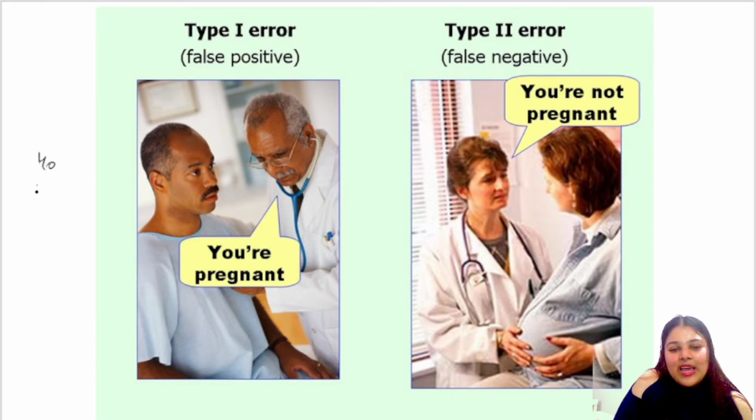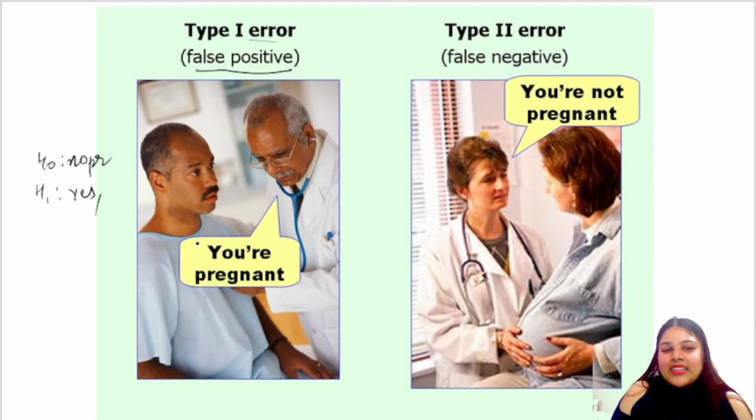My null hypothesis and alternate: not pregnant, and yes, you are pregnant. Herein the doctor has made a false positive, or a type 1 error, wherein he told a man that you are pregnant. In this particular study there was also a female who was heavily pregnant, but still the doctor said that you are not pregnant. So this is false negative and this is false positive.